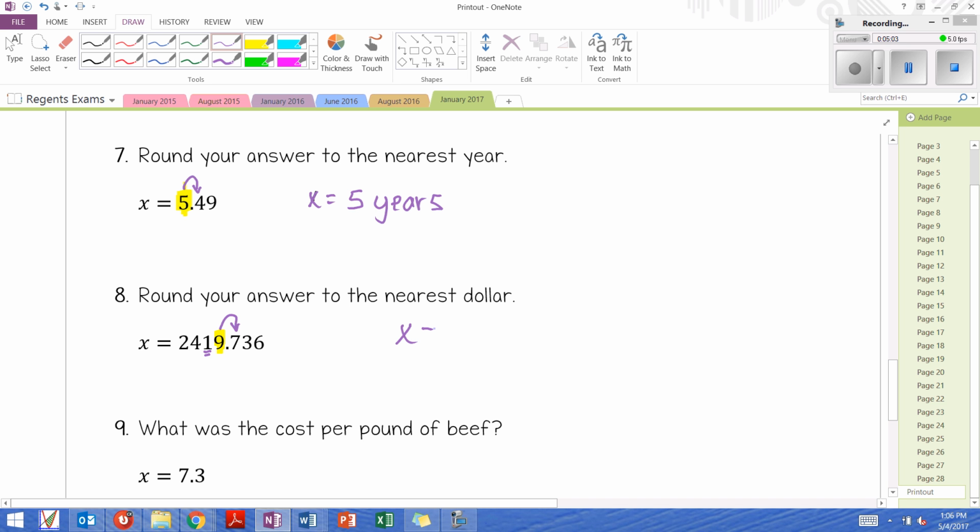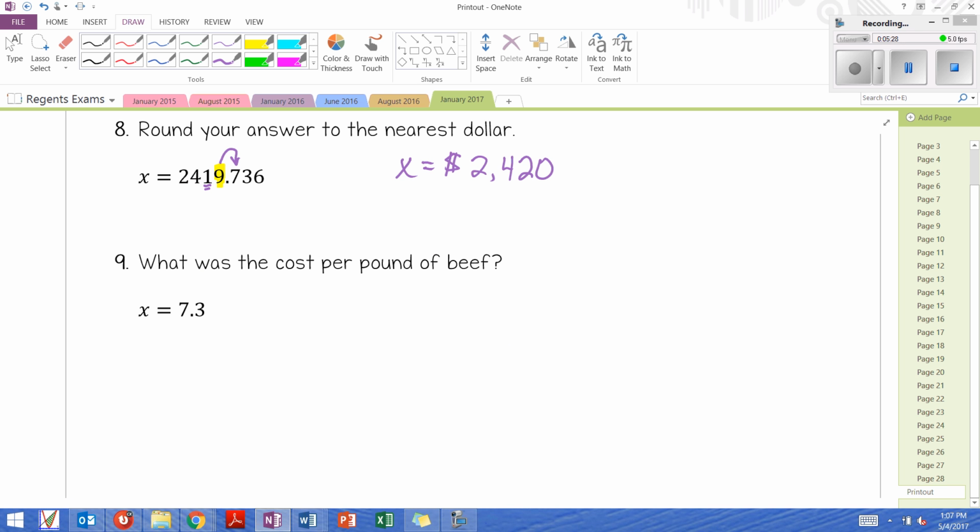So x would equal, and we're dealing with dollars, so let's put our dollar sign in front of the number, 2,400, and in this case it would be 20, because remember the 9 had to be bumped up to a 10, so the 1, this is a special case like what we saw above where we had to adjust the 1. That doesn't happen very often, but it sometimes will happen.